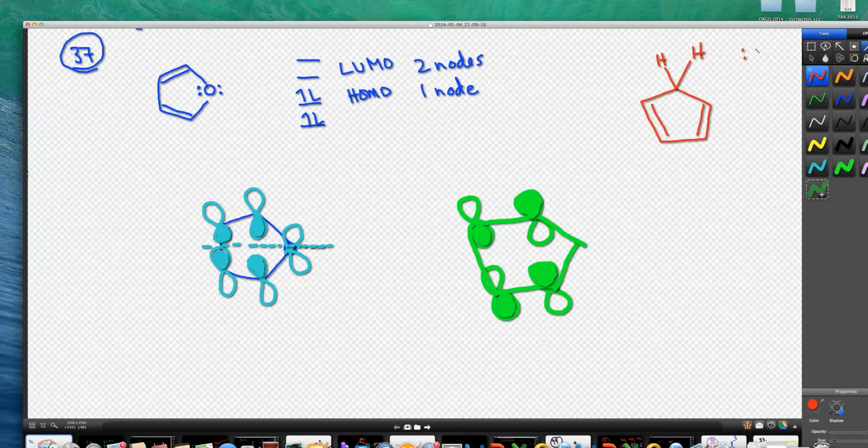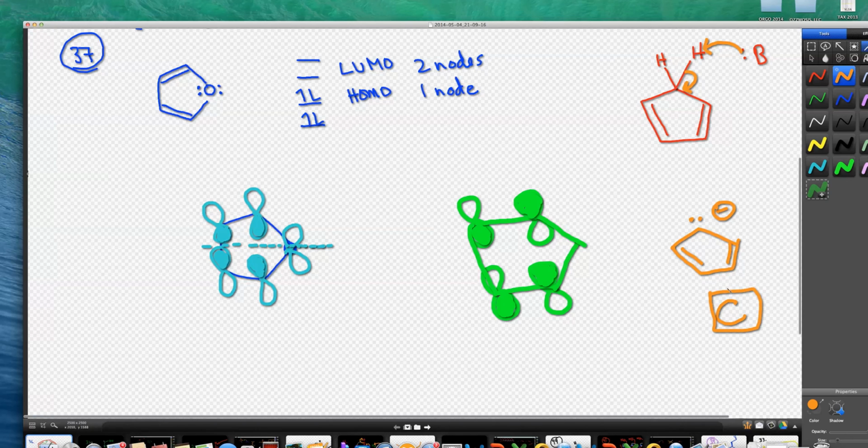However, once I remove a proton to generate the conjugate base, we now have an aromatic compound. So that's a huge stabilizing factor. And so C is the credited response because we make such a favorable product in the deprotonation, the cyclopentadienyl anion. That, of course, is number 40.